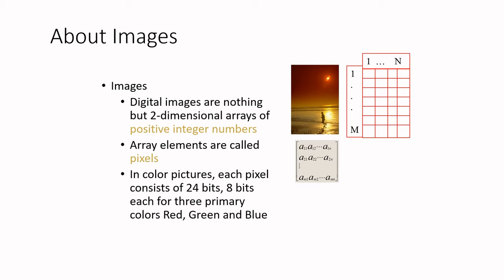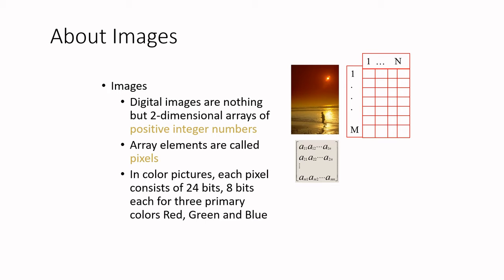And when you talk of color pictures, a pixel in a color picture consists of 24 bits, where there are 8 bits per primary color. That means there are 3 primary colors, red, green, and blue. So there will be 8 bits for red, 8 bits for green, and 8 bits for blue. On the right hand side, if you look at the image, I have shown you a very crude representation.